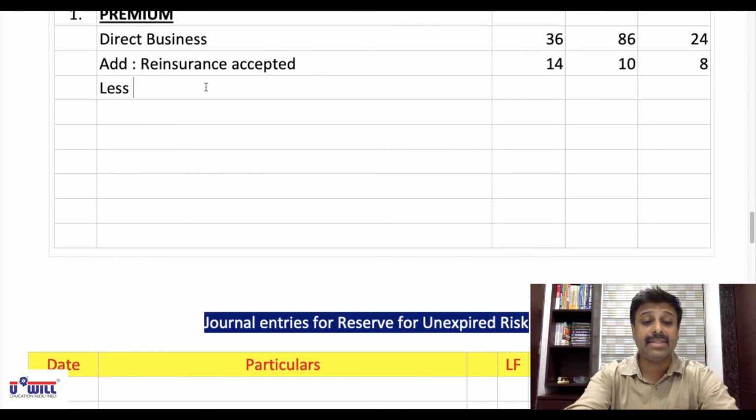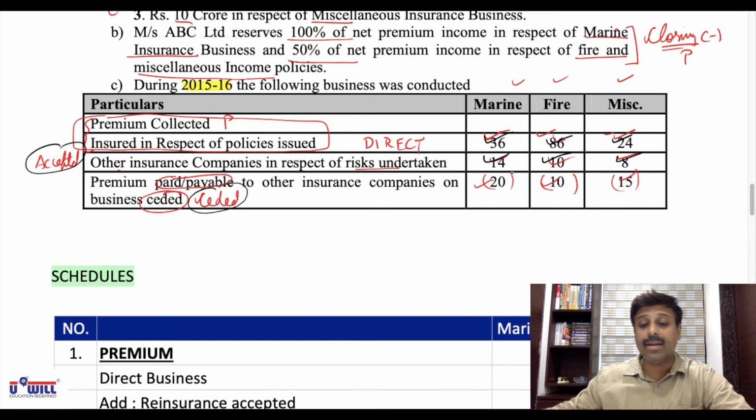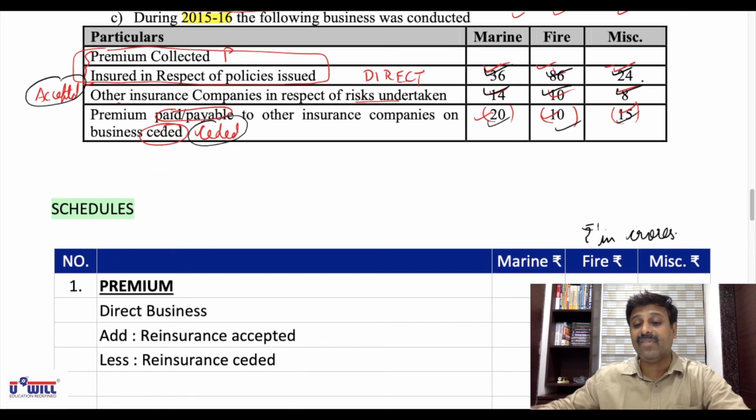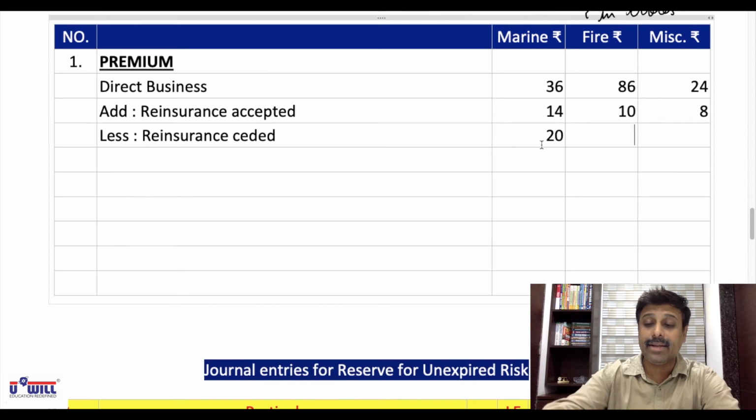Then we will minus reinsurance ceded. What amounts do we have to minus for the reinsurance ceded? 20, 10 and 15 we have to minus. Write down 20, 10 and 15 in brackets, because minus means you write this in brackets.